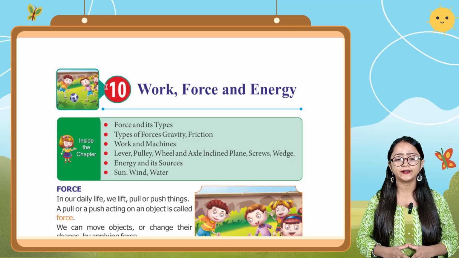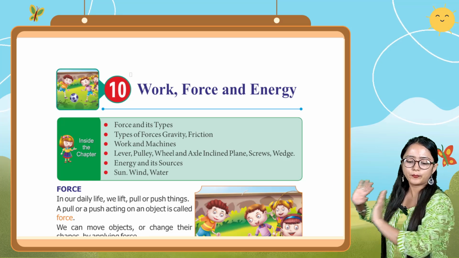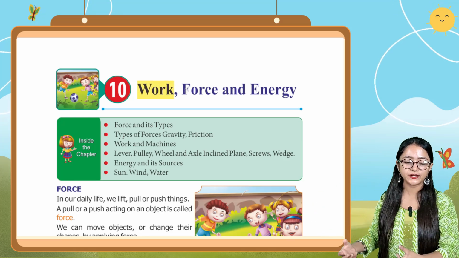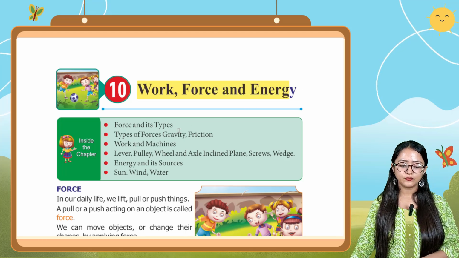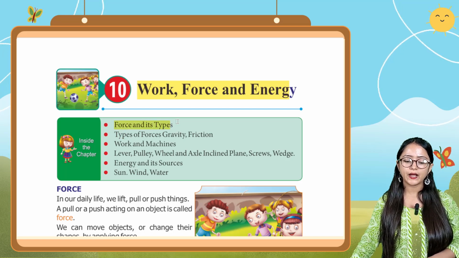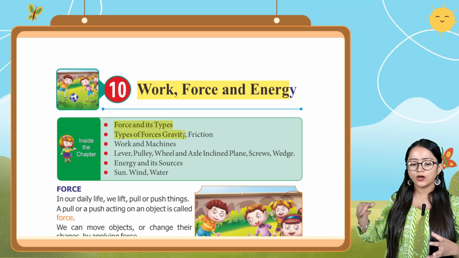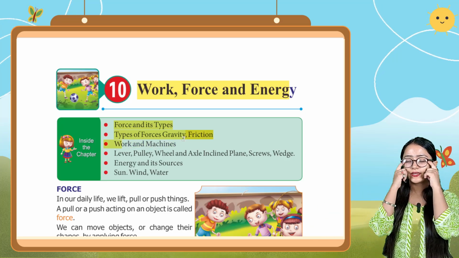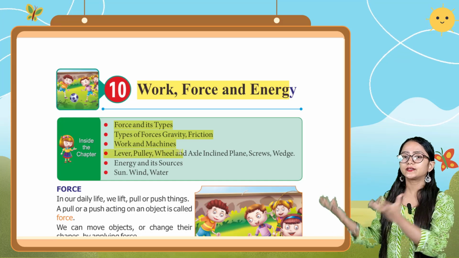We can move objects or change their shapes by applying force. So we can move the object and also change its shape by applying force. For example, we can change the shape of a balloon by filling some air in it.